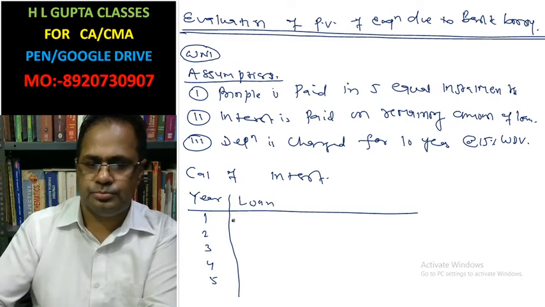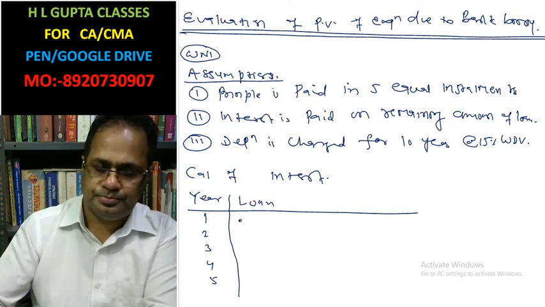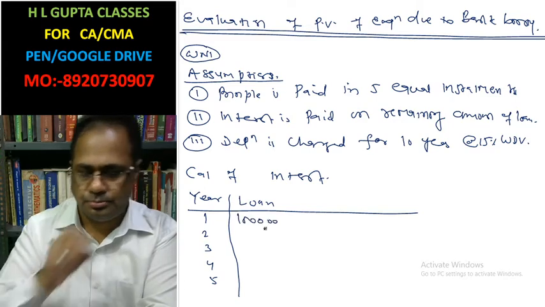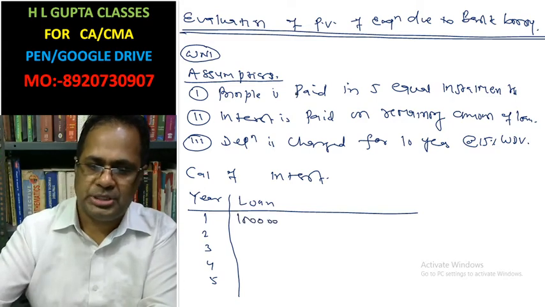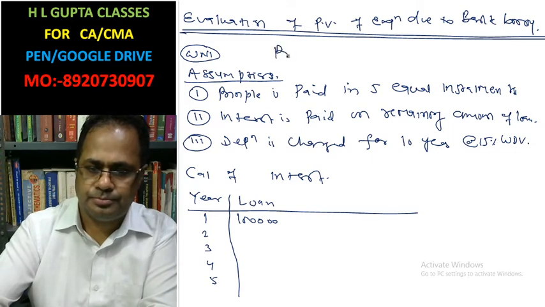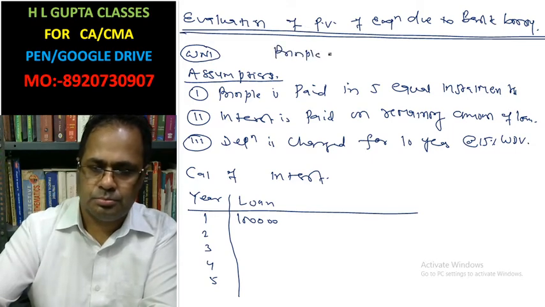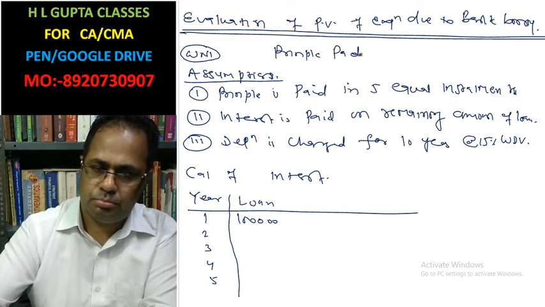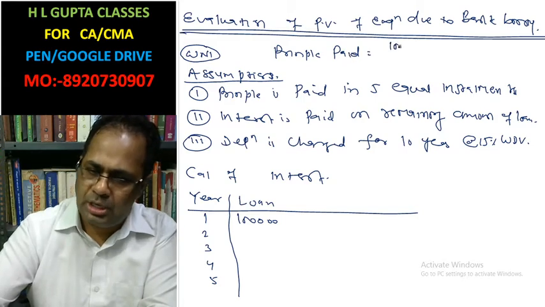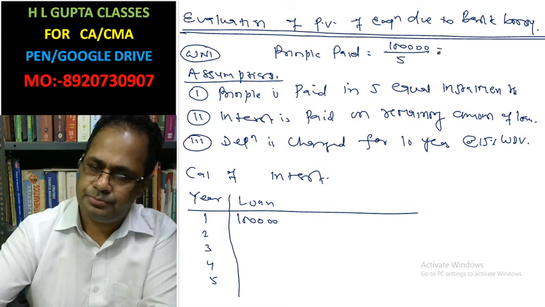Loan: 1 lakh. Principal paid: 1 lakh in 5 installments, this is 20,000 in each installment.